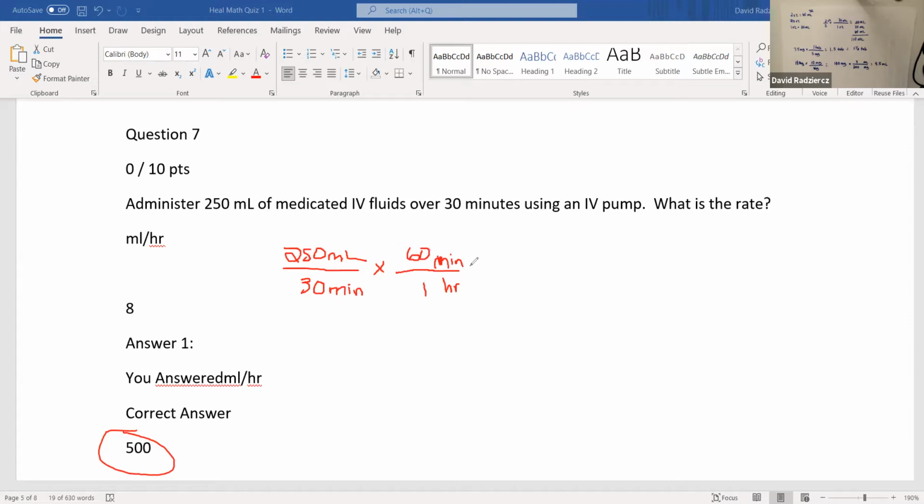And then we still get that same answer, 500 mL per hour when we do our calculation here. So if you ever get stuck, just remember that you can always convert minutes to hours, or hours to minutes, if you need to. If you have a flow rate or a drop rate question, you might need to convert hours to minutes, and then calculate that. And we'll see if we get an example of that.